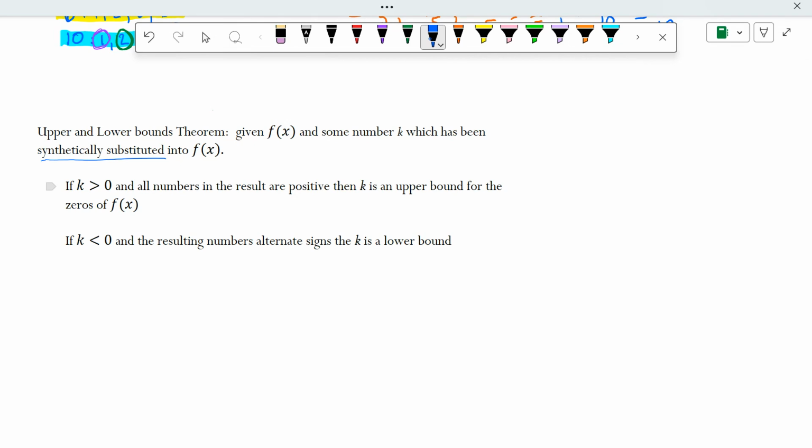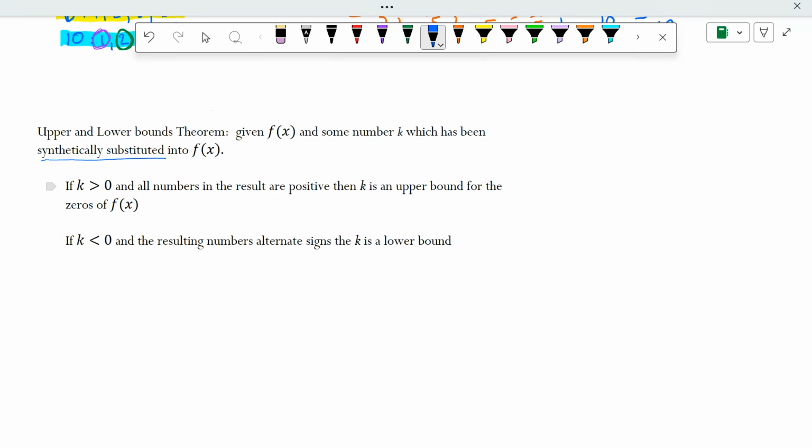What this says is if k is positive and all of the numbers in the result are positive, both of those have to be true, then k is an upper bound. So what an upper bound means is there will be no more zeros above that value. It is a boundary. There are no zeros beyond that value, okay?